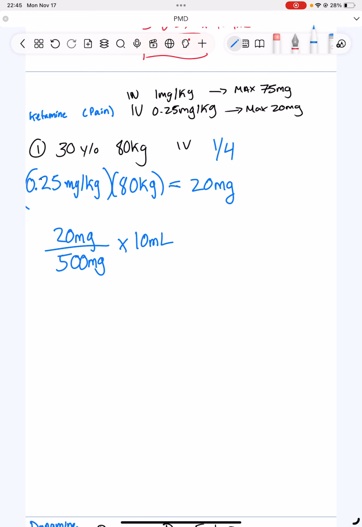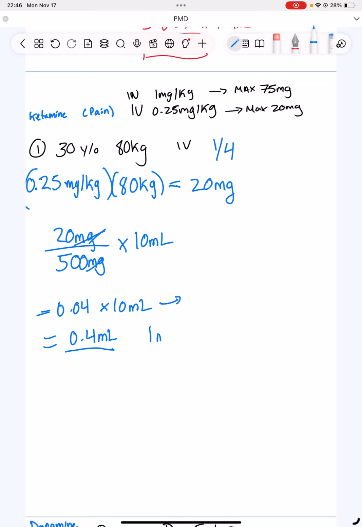So that would end up being 0.04 milligrams cancel out times 10 milliliters equals 0.4 milliliters. If you looked at this and were like, I don't need a calculator for that, that's 4 milliliters, you are going to have sent this person on a ride. So that is 0.4 milliliters.